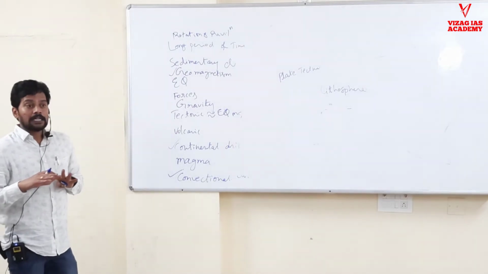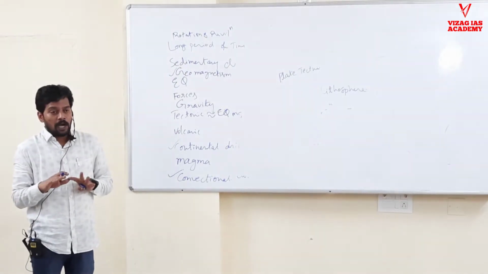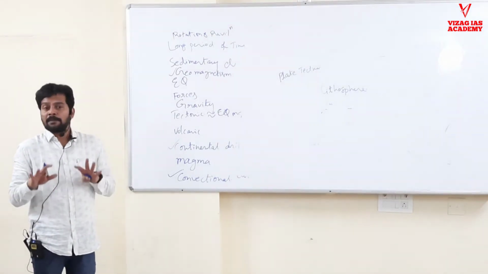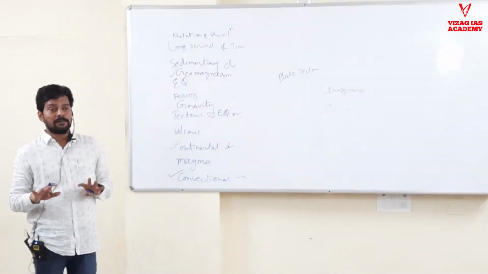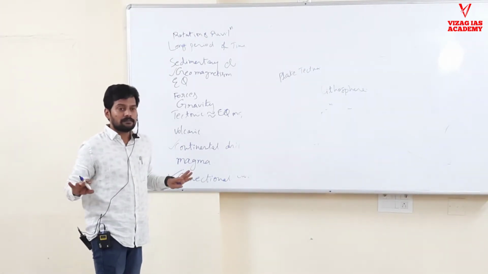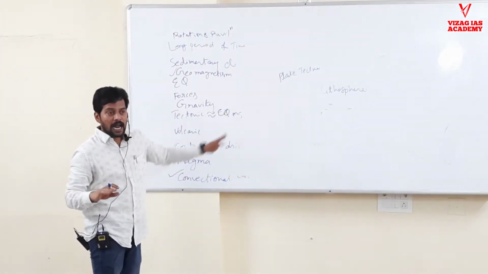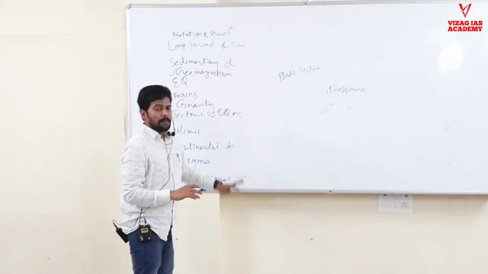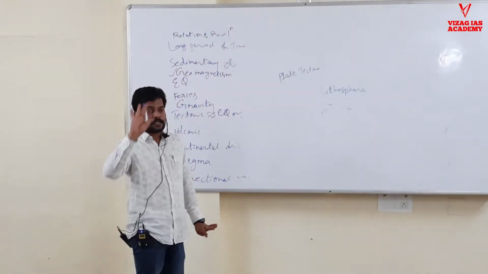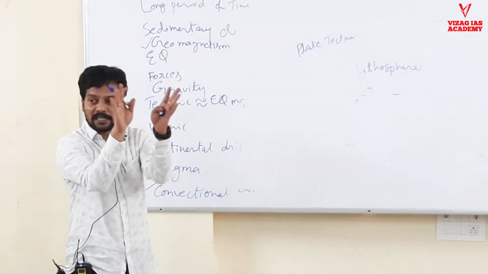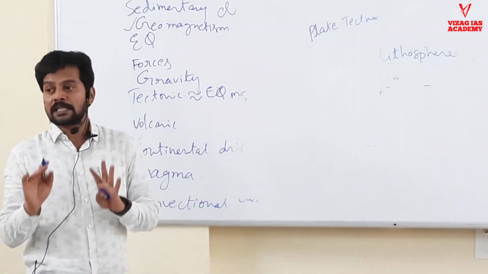And understanding of how they are moving among themselves is nothing but the plate tectonic theory. You know, these plates are creating a lot of things in the geomorphology. That means these landforms are created because of those plates only. There are 50-60 plates. Don't think that there is only one plate or 7 plates because we might have read 7 plates. No, there are 50-60 plates.